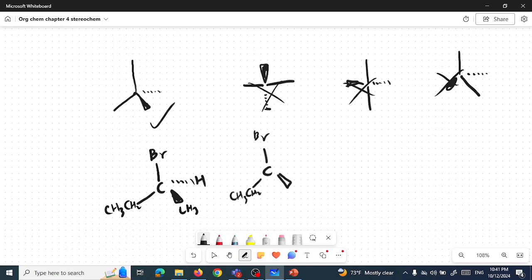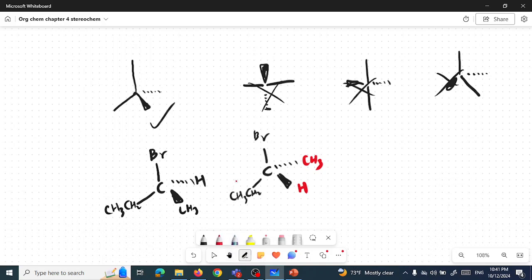You just need to swap the wedge bond and the dot bond. The methyl group that used to be down here, I'm going to move up here, and the hydrogen moves down here. Now these two must be enantiomers of each other.